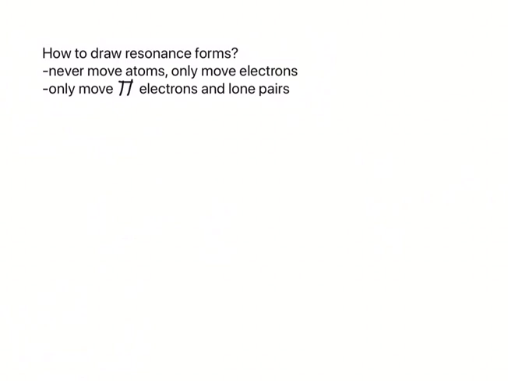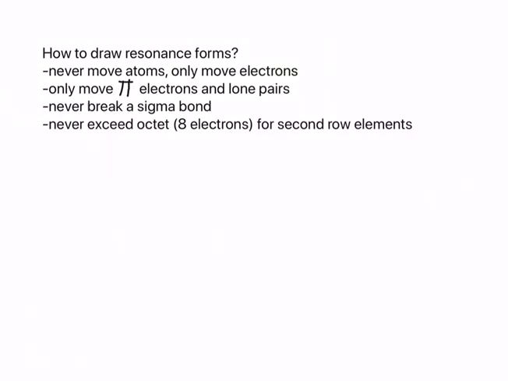When we are drawing the resonance structures, we never break a sigma bond. We never break a single bond. And we also never exceed an octet for elements on the second row. For example, for carbon, nitrogen, oxygen, they should never have more than 8 electrons around them.